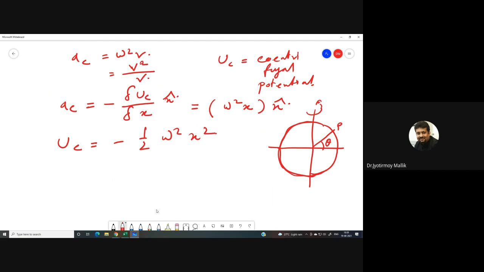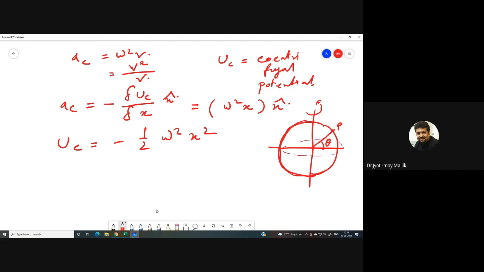So now this is theta. If this is the Earth, and I take a point P and join it to the center of the Earth, this is the equatorial plane.